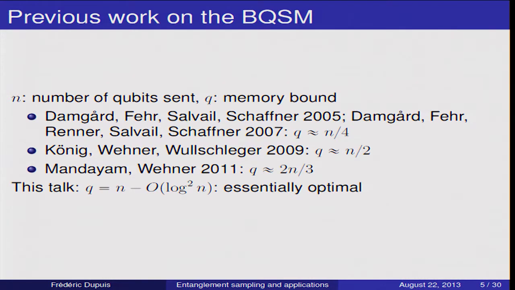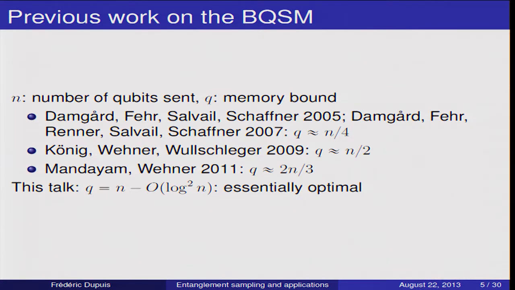So here's some history of this model. The model was first defined in 2005 by Damgård, Fehr, Salvail, and Schaffner. They came up with a protocol in which n qubits were exchanged between the two parties.